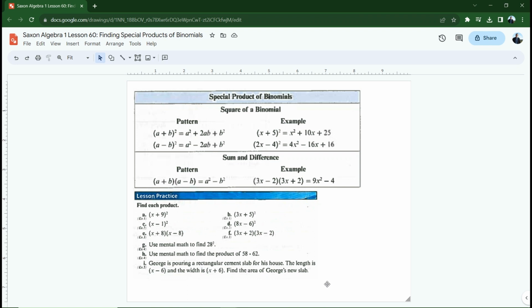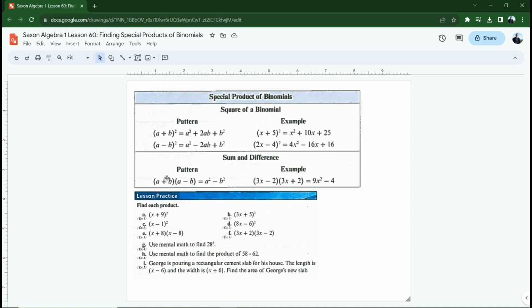Well, it turns out that some binomials are really, really easy to multiply together. Those are binomials where the first binomial is multiplying itself, or multiplying itself with a minus sign in it, and where we have two binomials that have the same numbers a and b.